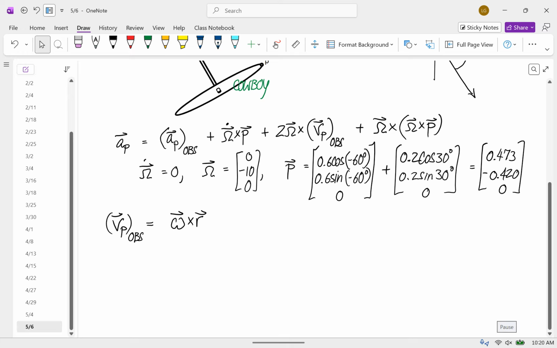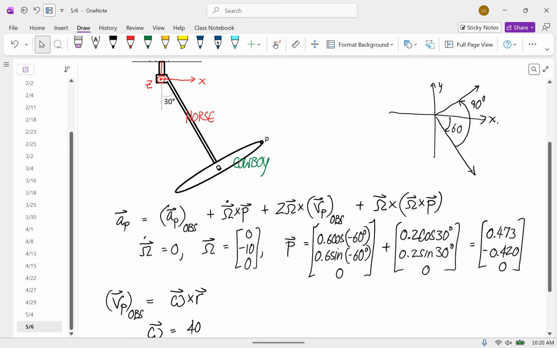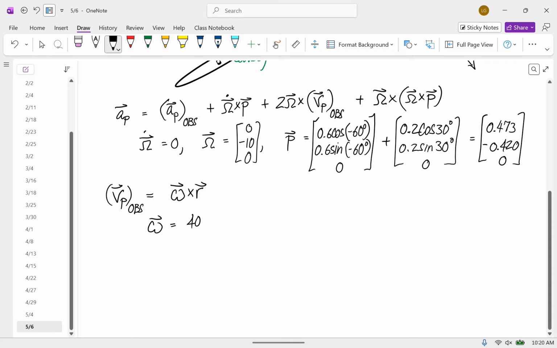So omega is equal to 40 times, what's a unit vector pointing down that axis? It's just going to be cosine of negative 60, sine of negative 60. Anybody have any questions about that?